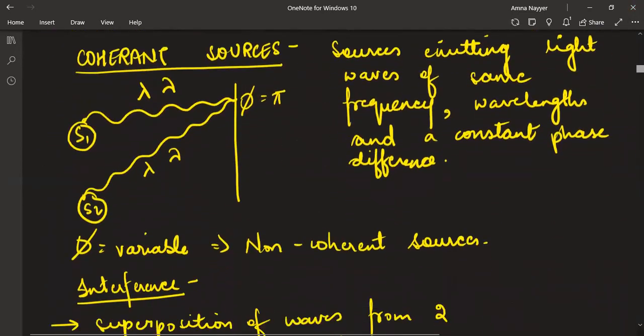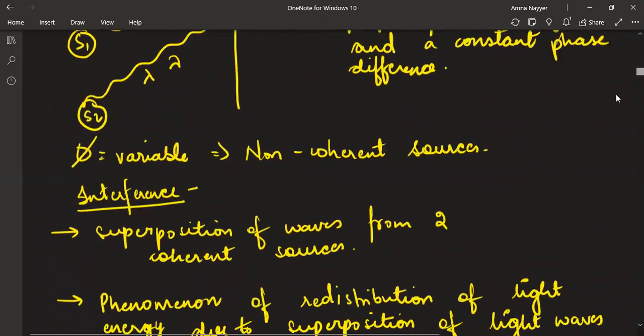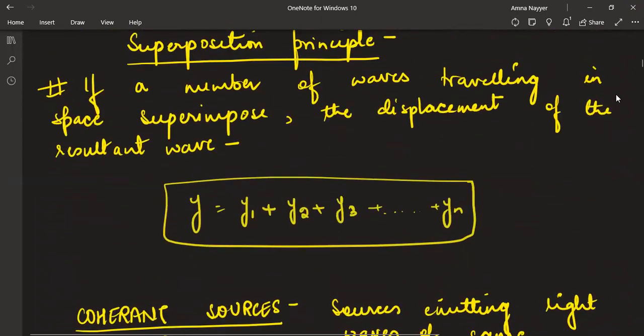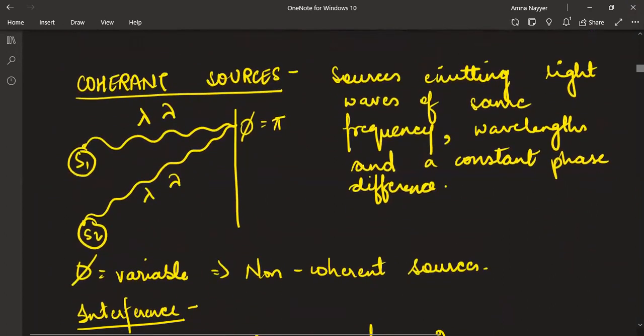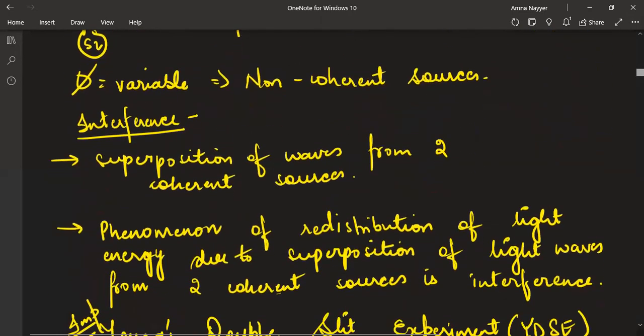The superposition principle involves algebraically, sorry, vectorially adding all the displacements of the waves. The superposition principle remains the same everywhere for any physical quantity. Now, sources emitting light waves of the same frequency and wavelength with a constant phase difference we call coherent sources, and just opposite to it are non-coherent sources.